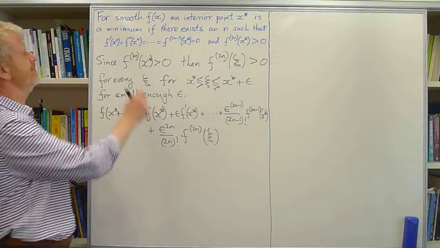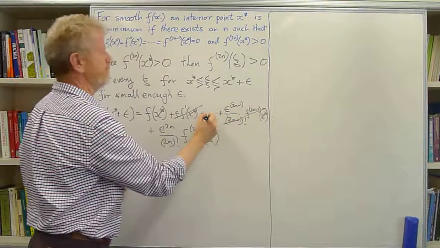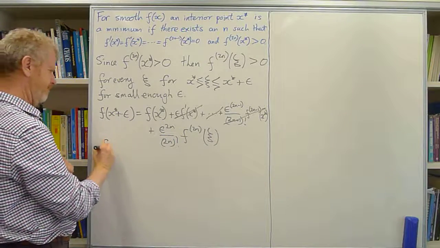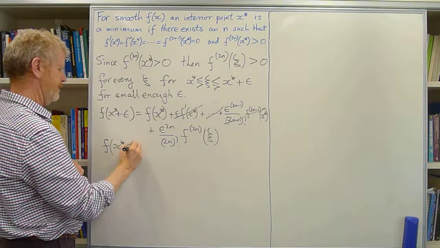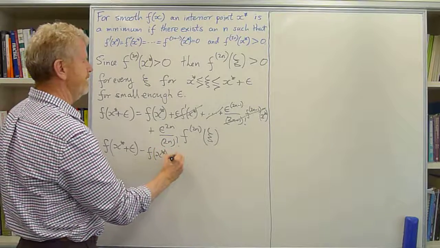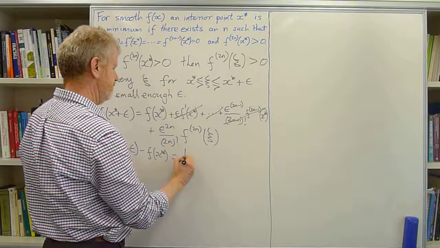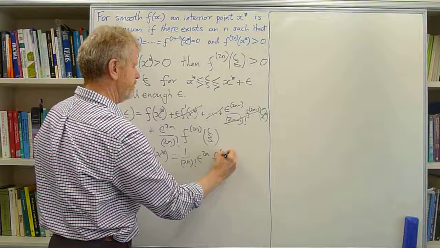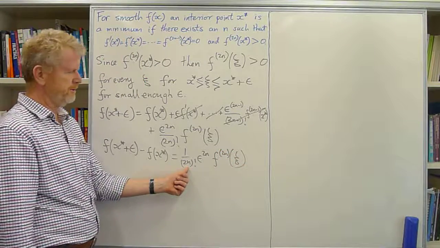Right, now let's see what happens. Firstly, all these derivatives are 0, so every one of those terms disappears. And then put the f of x star on the left, and we say f of x star plus epsilon minus f of x star is equal to the only term remaining, which is this one: 1 over 2n factorial, epsilon to the 2n, f to the 2n of psi. Now 1 over 2n factorial, that's positive.